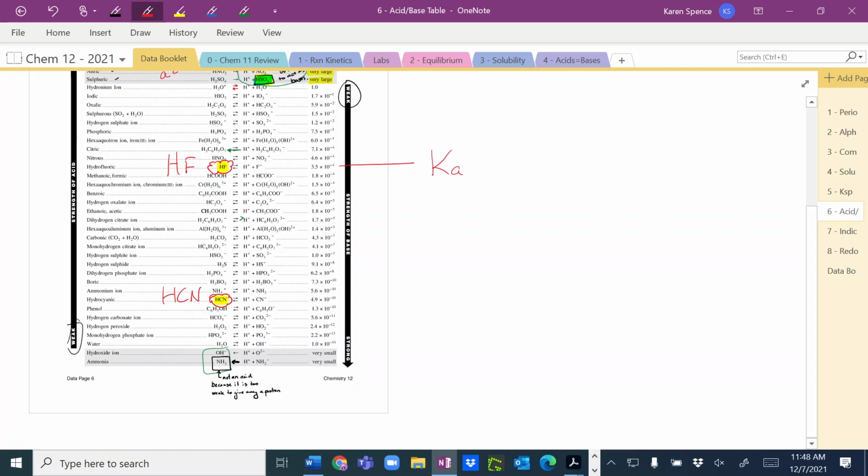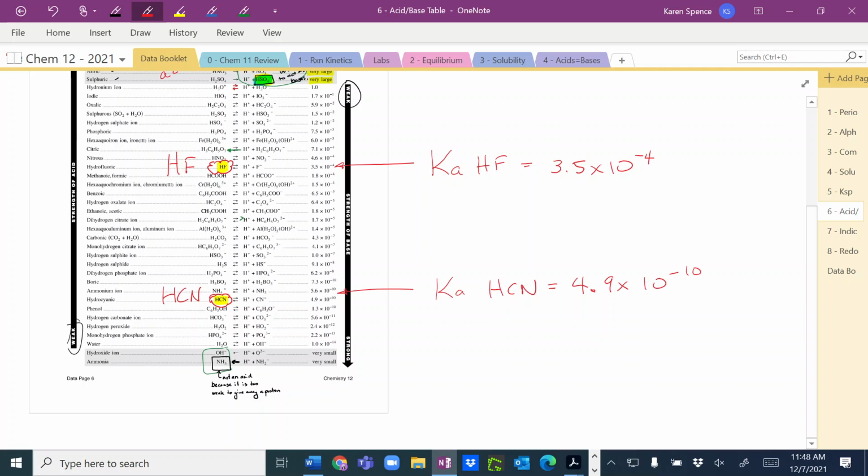The Ka of HF is 3.5 times 10 to the minus 4. And the Ka of HCN is 4.9 times 10 to the minus 10.